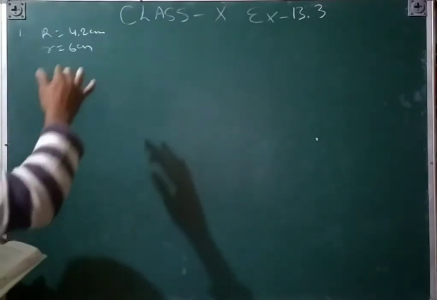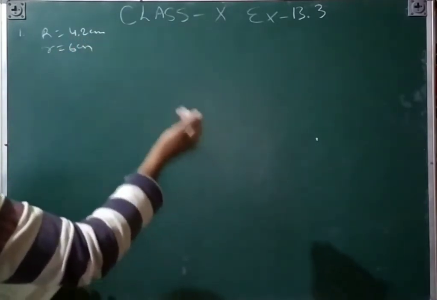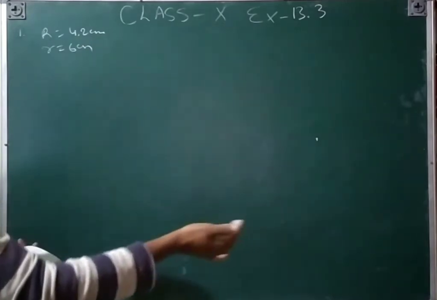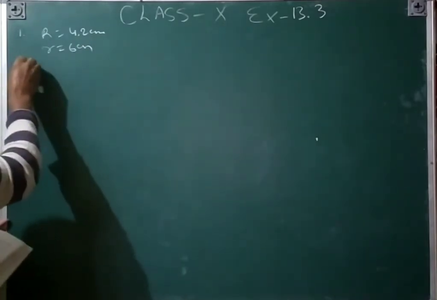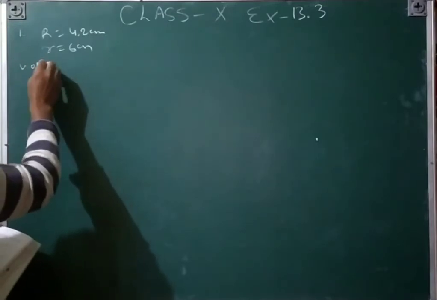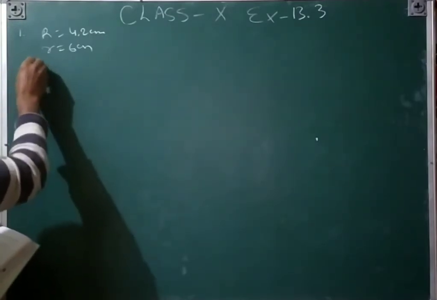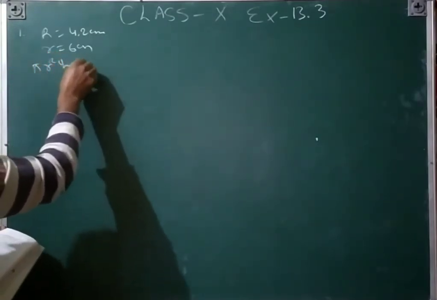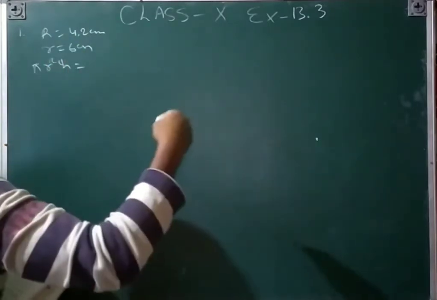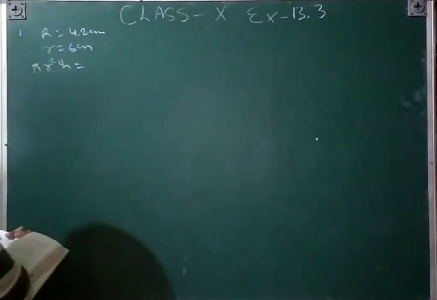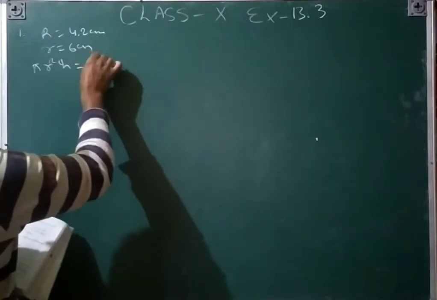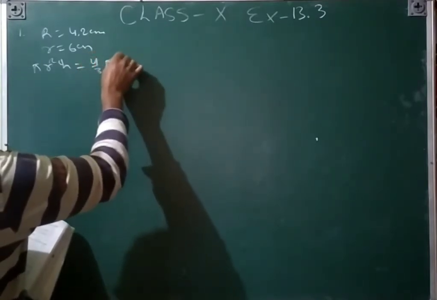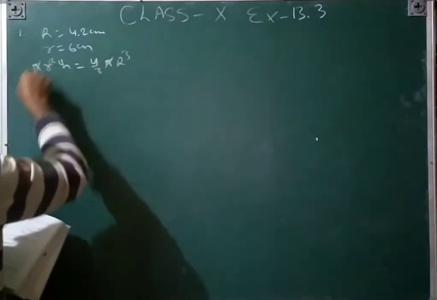It means the sphere has been converted into a cylinder, so the volume of the cylinder, pi r square h, is equal to the volume of the sphere, because we are melting it, so both volumes will be the same. That is 4 upon 3 pi r cube. Pi cancels pi.